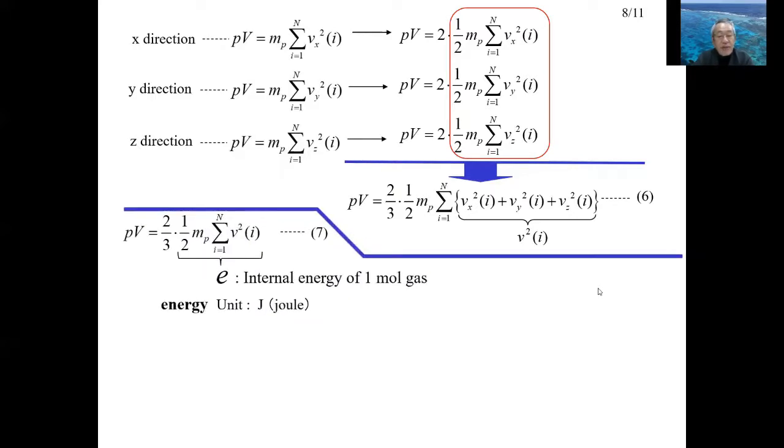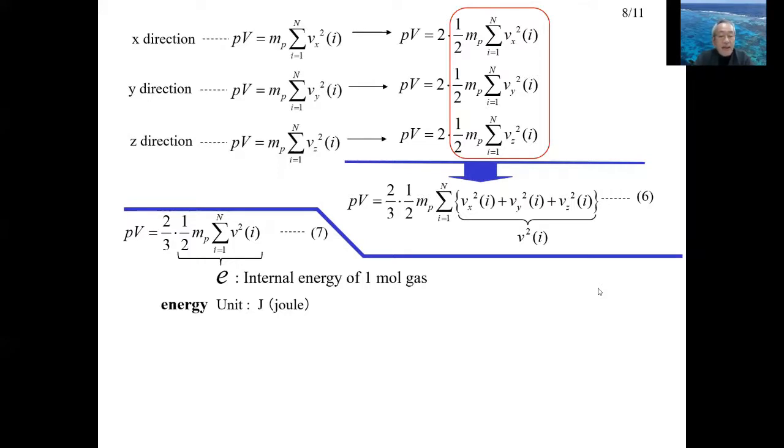Equation 6 is shown in equation 7 again. The part corresponding to the small e symbol of this equation represents the kinetic energy of molecules, which is called internal energy.